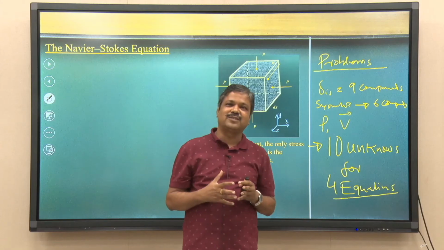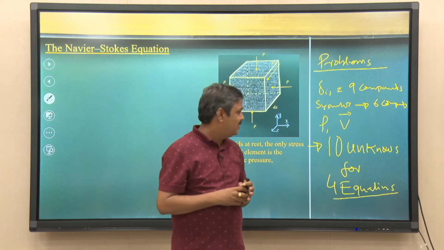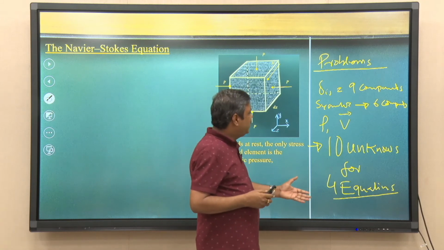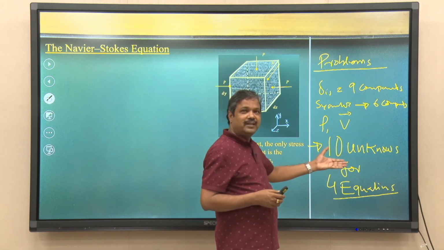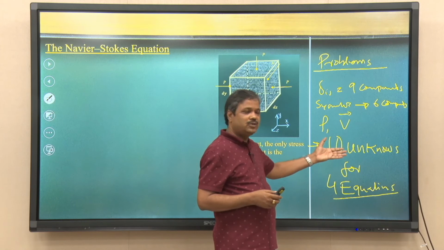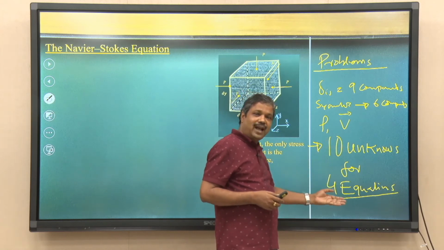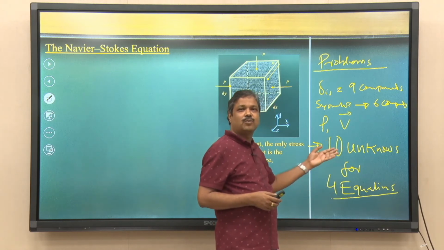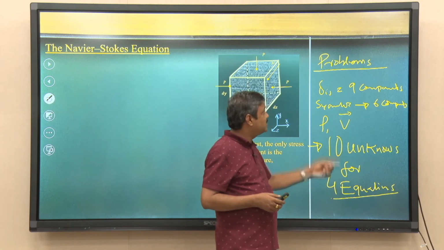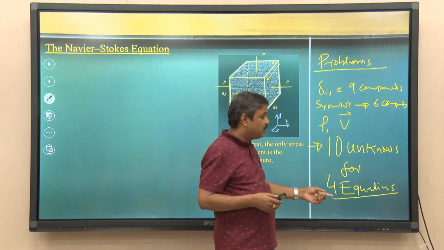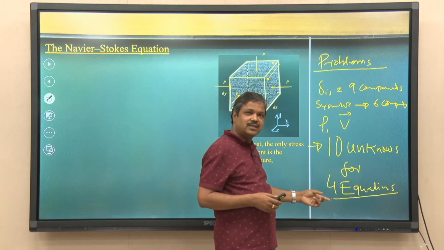The Navier-Stokes equations make those approximations, to reduce these 10 unknowns to 4 unknowns, so that with the help of the 4 equations we can solve the problem, because we have 3 equations from Cauchy's and 1 equation from the mass conservation equation.